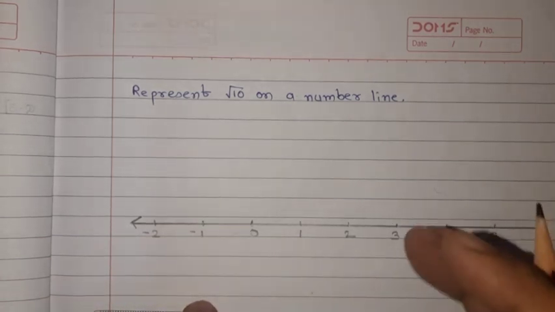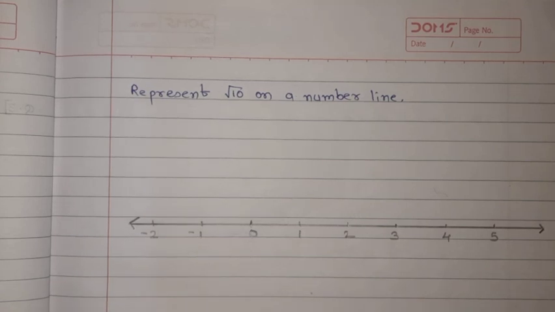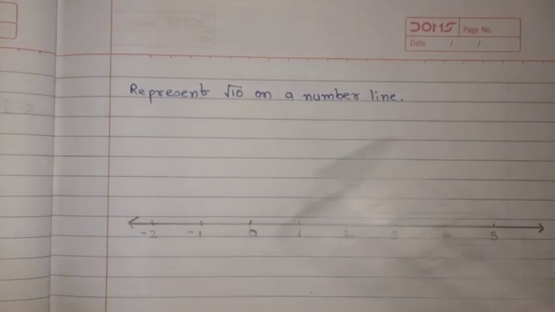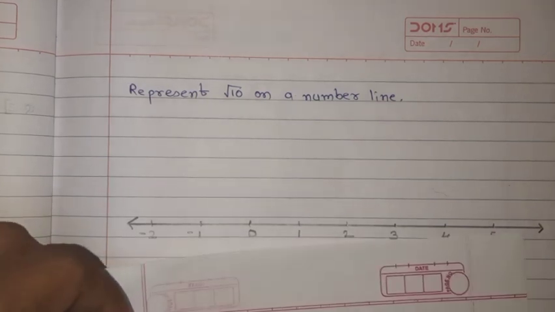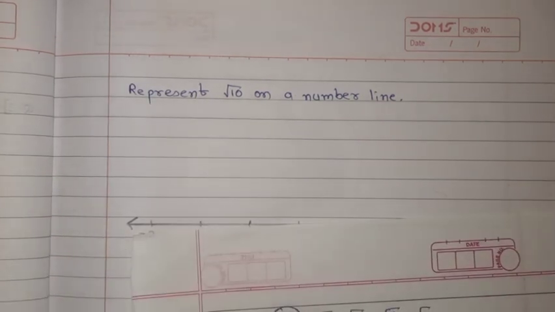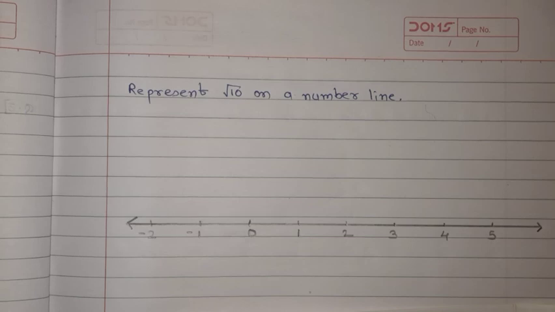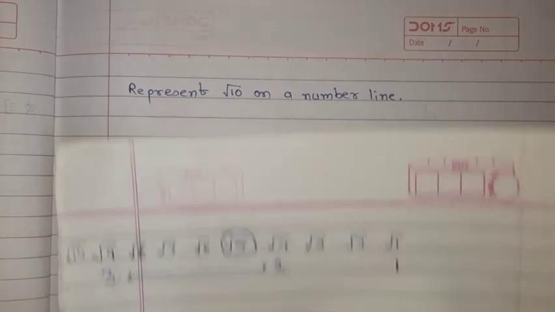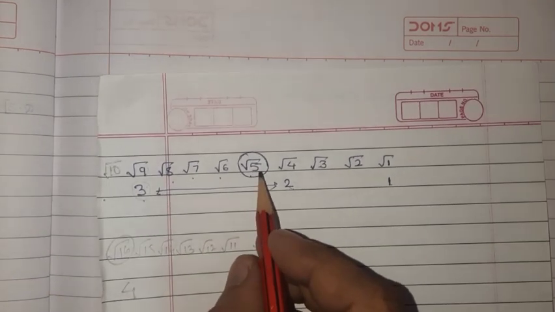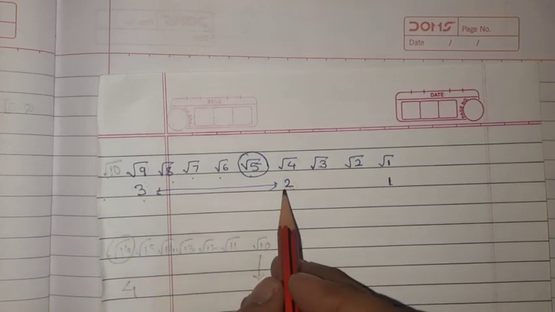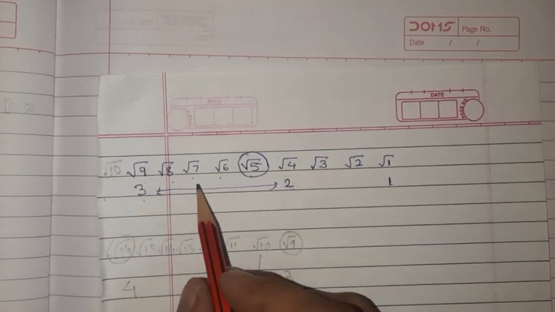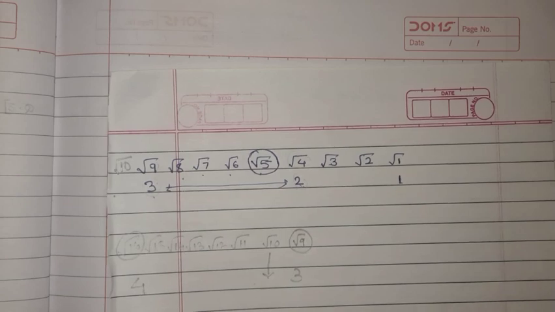Now we have to decide the position, as we saw in the representation of root 5. Now see here, as we saw, root 5 lies between 2 and 3. Similarly, we have to find the position of root 10.